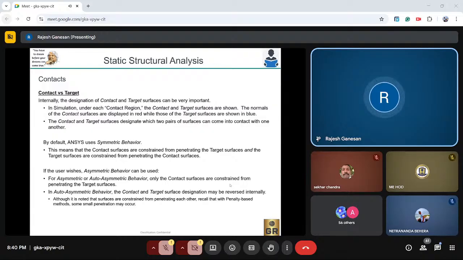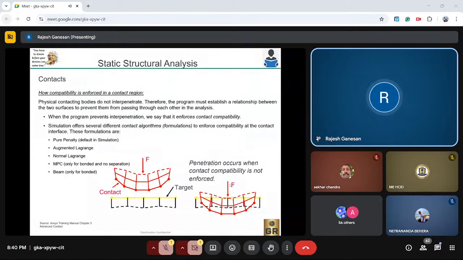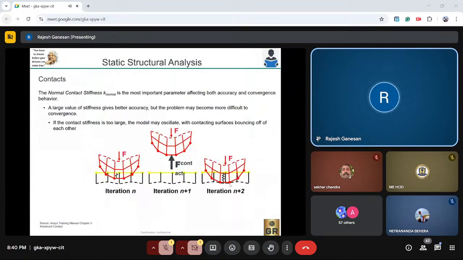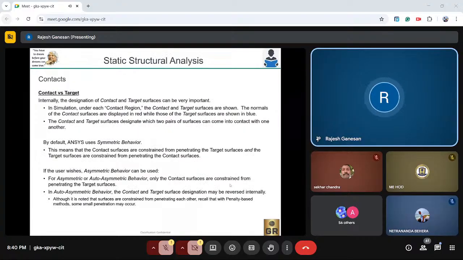Okay, here is one point I want to tell. Contact with target. Actually, you already know this. Yellow color is the target. I already showed, yellow color is the target. And contact is the red color between the nodes. So based on that, contact with target. Internally, the designation of the contact and target surface is very important.